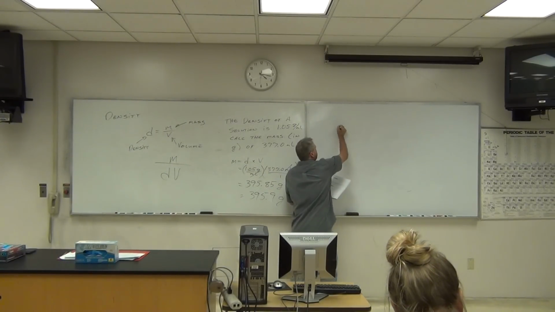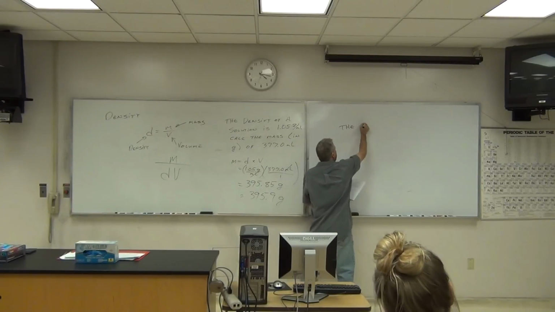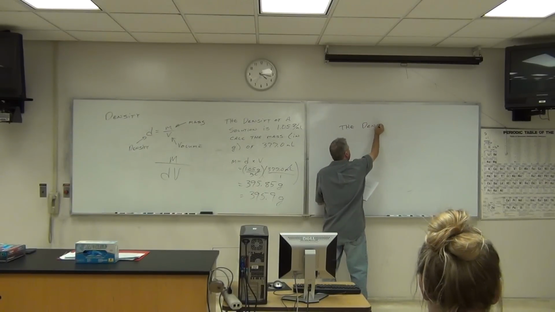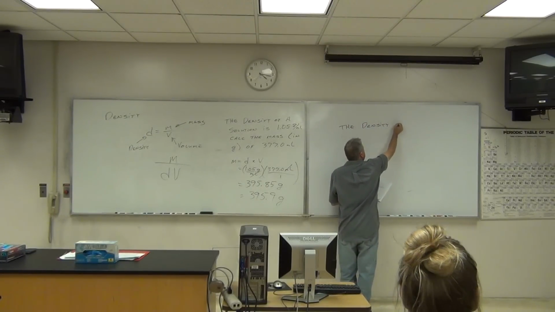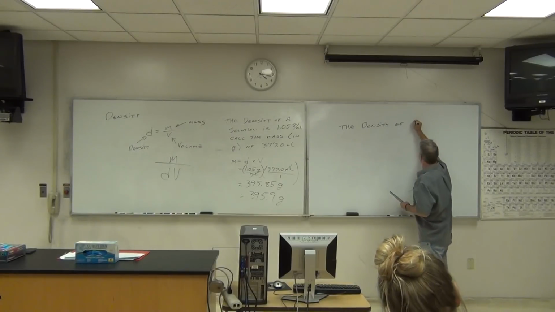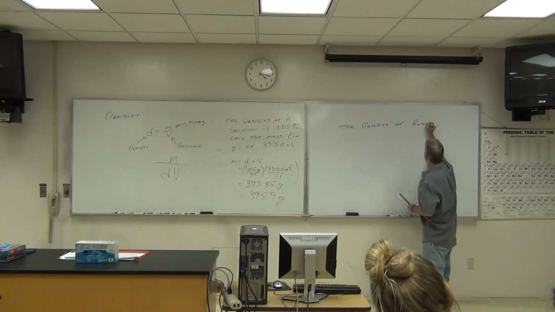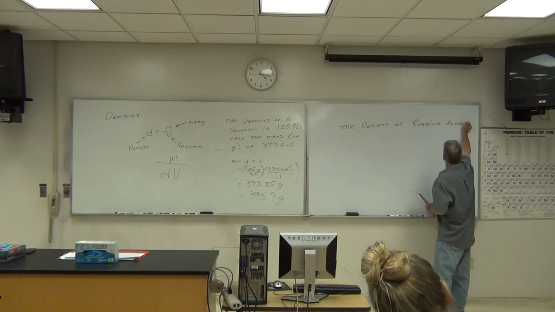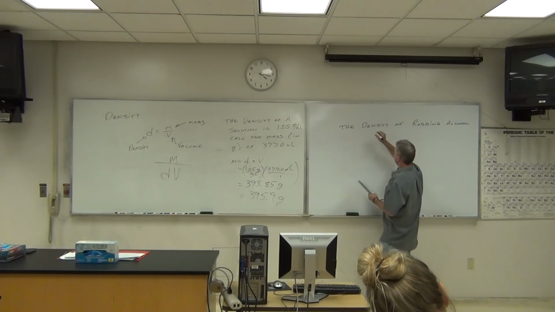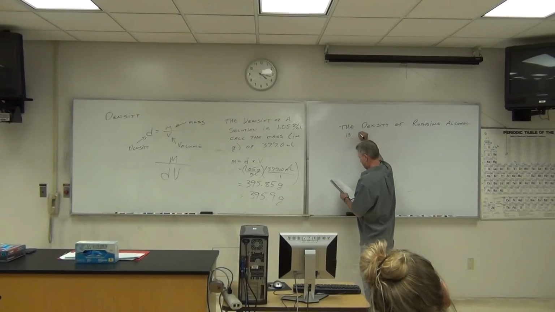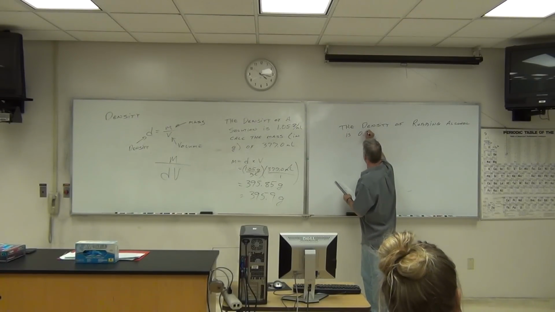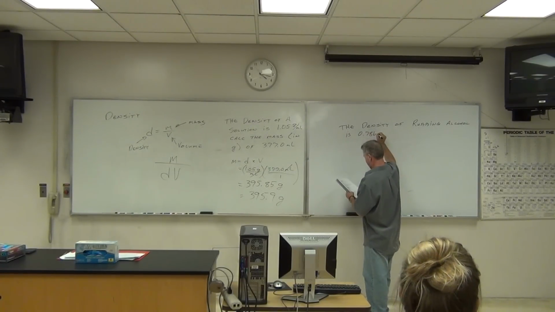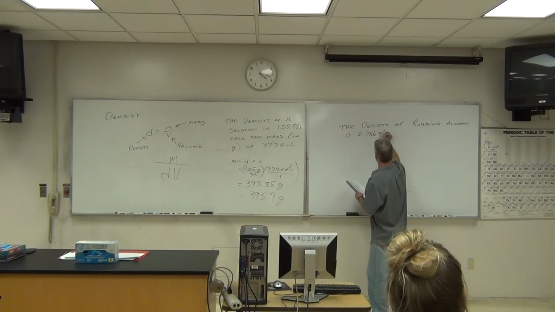Okay. The density of rubbing alcohol is 0.786 grams per mil.